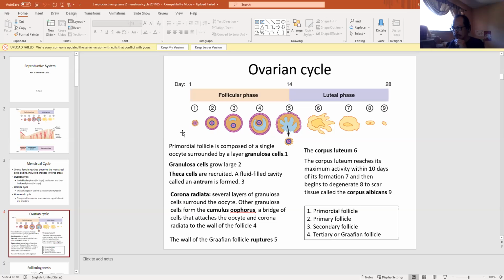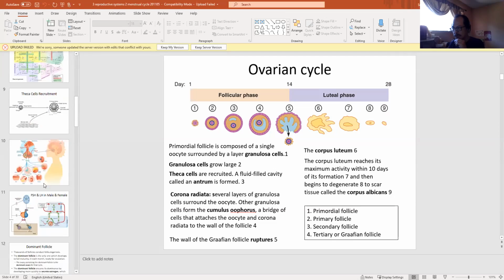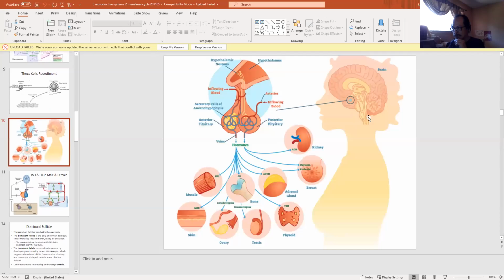The major thing in puberty is the change in the sex hormone. Well, it's not exactly the sex hormone that drives it. Sex hormone plays an important role, but the major one is the hormone from the anterior pituitary gland, which includes the follicle stimulating hormone and the luteinizing hormone. So let's look at this one very quickly. Here is the brain. Here is the pituitary.